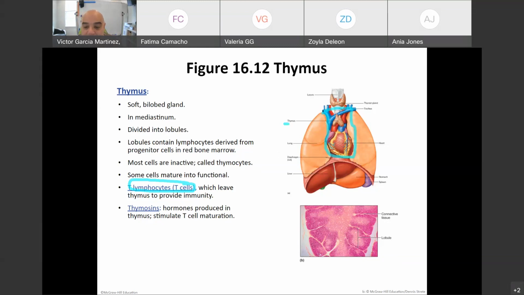And this gland produces hormones called thymosins, and they are for the maturation of these cells. Then again, we have the thymus. The thymus is really active as a gland only before puberty.